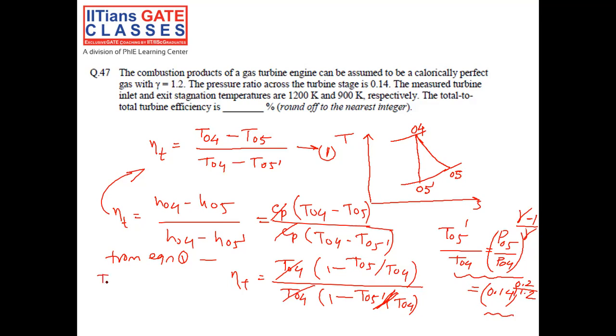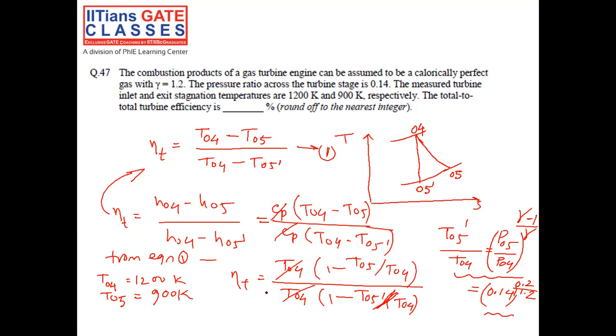If we substitute this here, TO4 is 1200 Kelvin, and TO5 is 900 Kelvin.